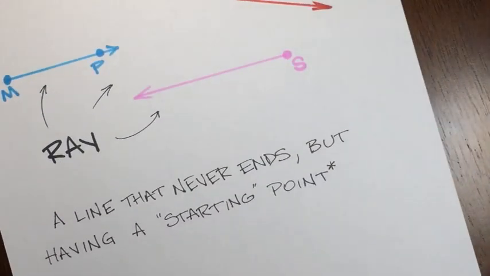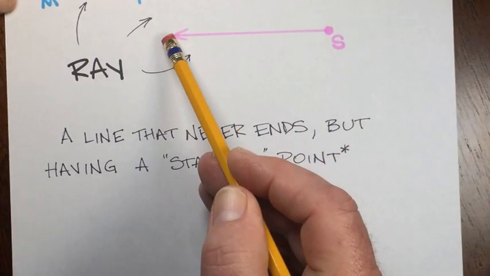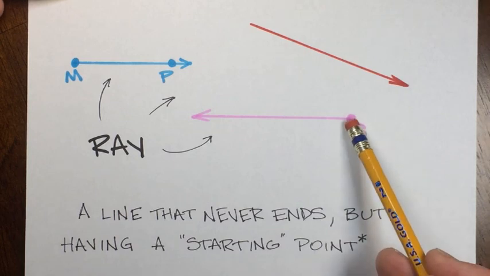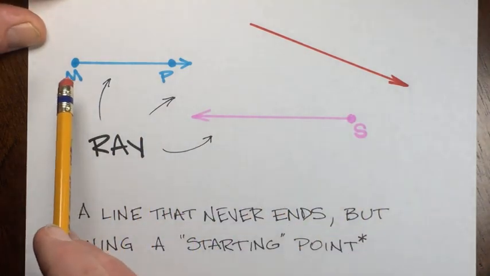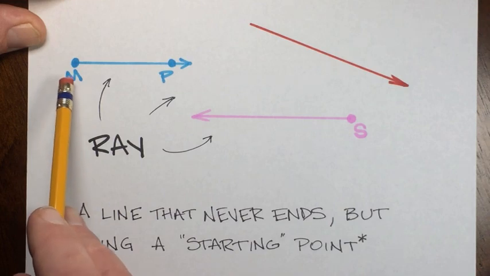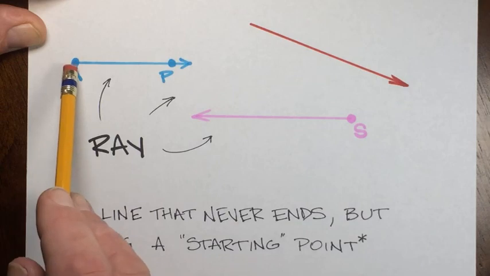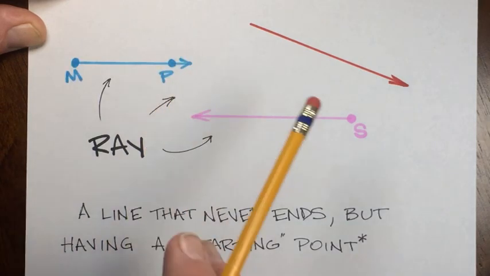Next thing is a ray. It's kind of a combination of an endpoint and a line that goes on forever. That's a ray. Rays start at a point and they go on in one direction forever. So this is a ray called MP, or ray called PM, and it starts there. That's the point of origin, and it goes out in one direction forever.